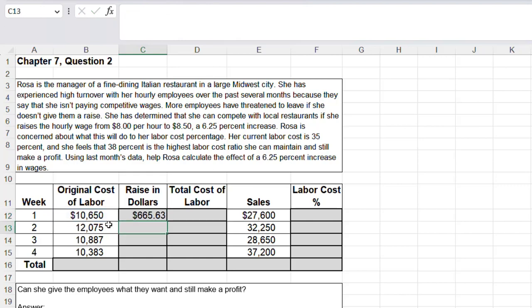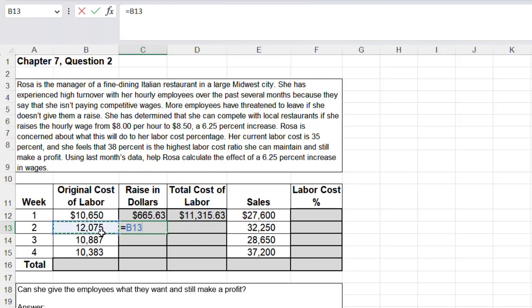So we see that in week 1, we spent $10,650, and if they'd had a raise, we would have spent an additional $665, which would give us, we'll add those two together, $11,315.63 in labor. All right, let's do that one again.